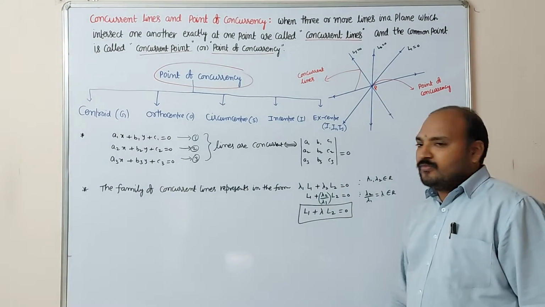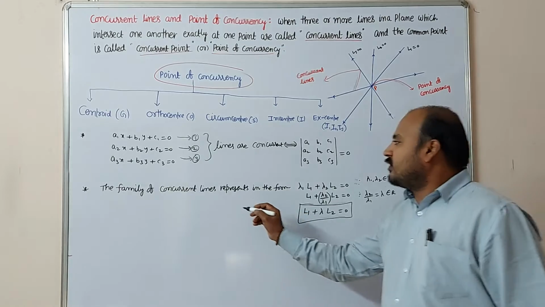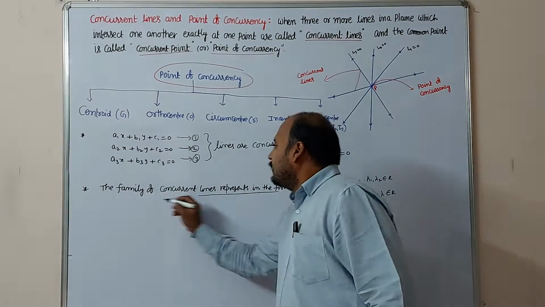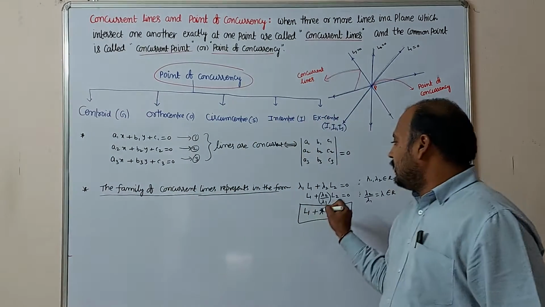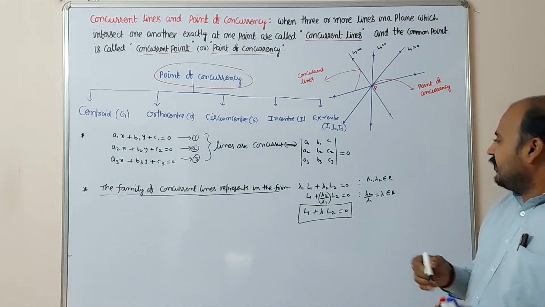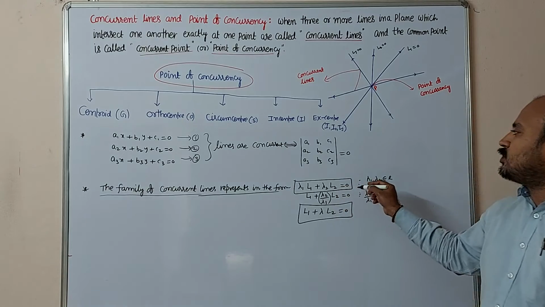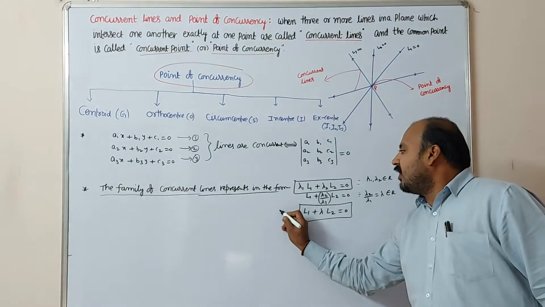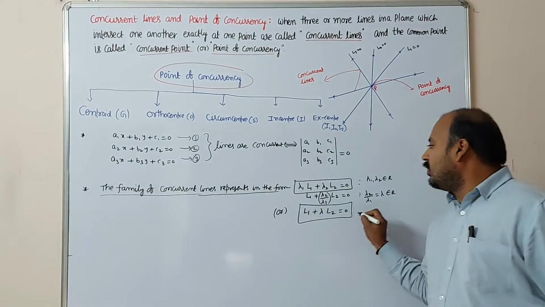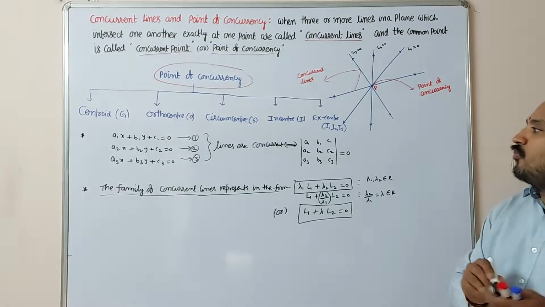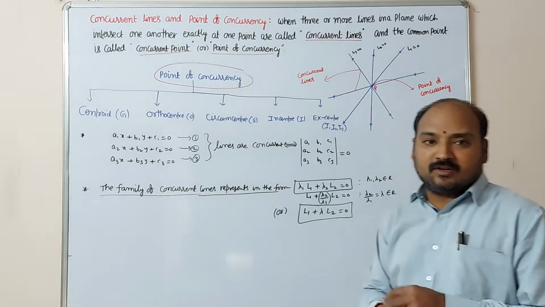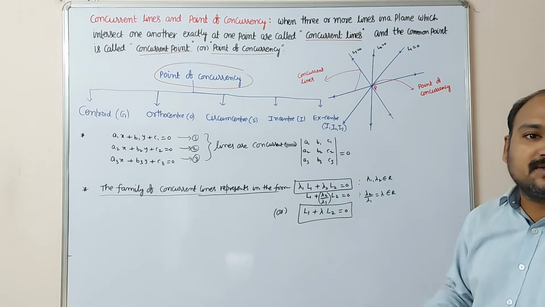So this represents the family of concurrent lines. The family of concurrent lines is always represented in this form, either lambda 1 into L1 plus lambda 2 L2 equal to 0, or L1 plus lambda L2 equal to 0.